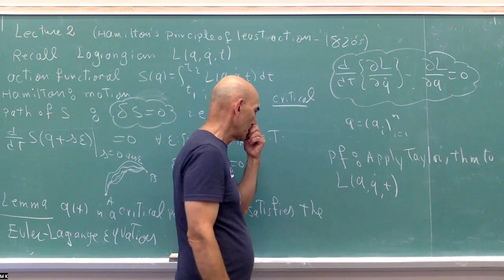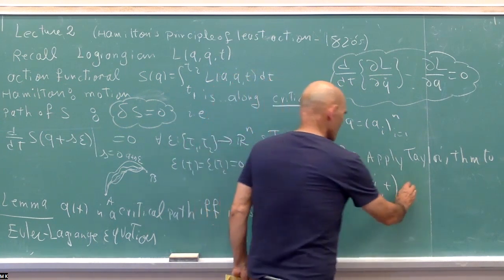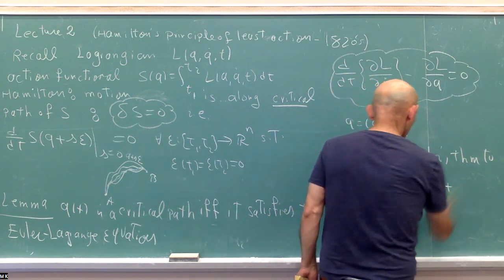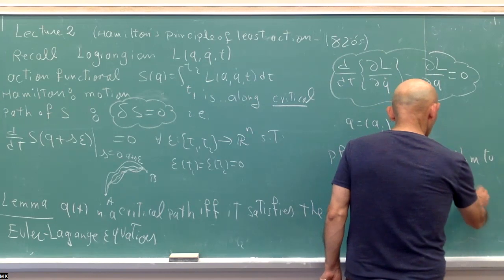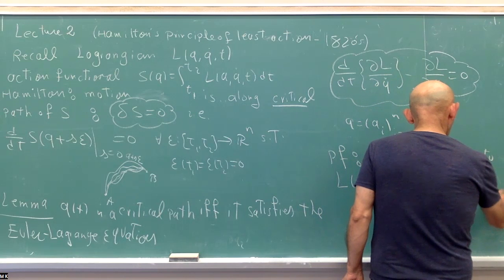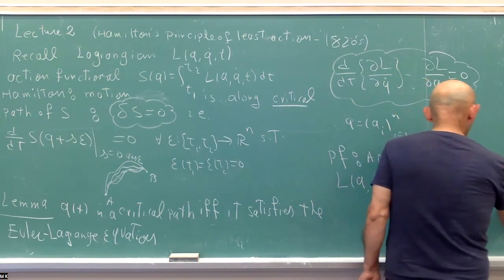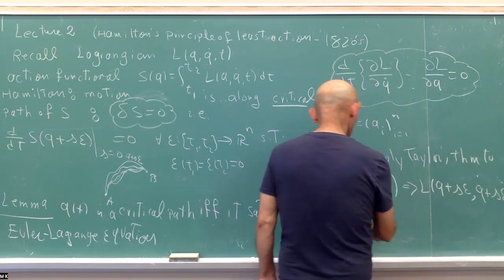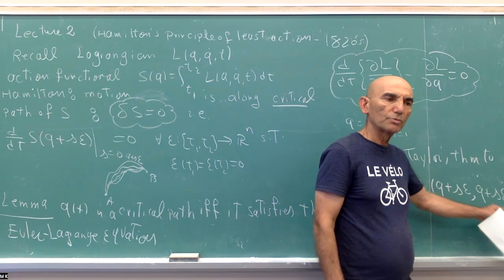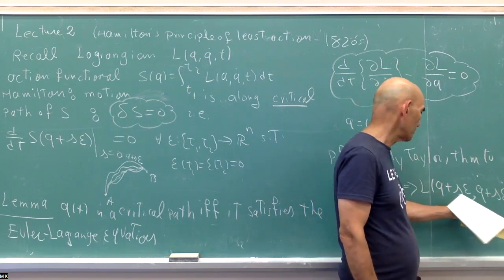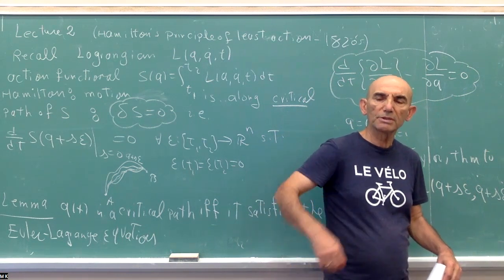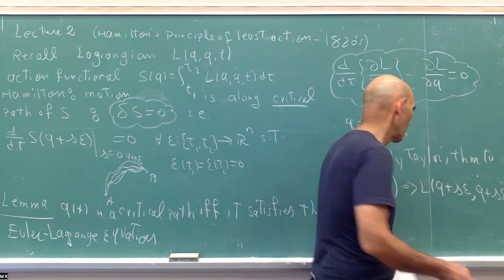And then what we know is that we can write L of (q plus s epsilon), (q dot plus s epsilon dot), and t as equal to the value of the function at the origin, for s equal to 0, and then there is a first order derivative contribution, and second order is going to be squaring it.